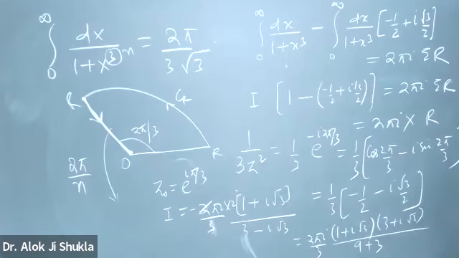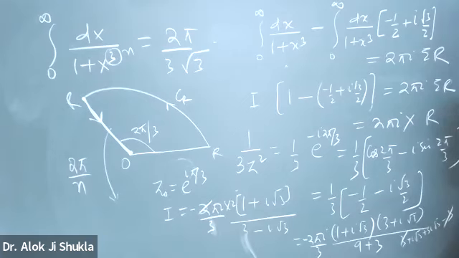आ रहा है या नहीं? Yes, sir. And minus is also there. Now multiply this. What you will get? 3 plus I root 3 plus 3I root 3 minus 3.